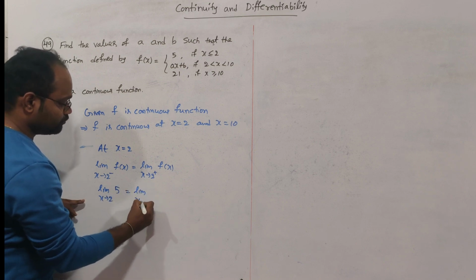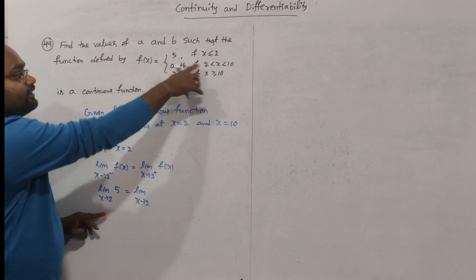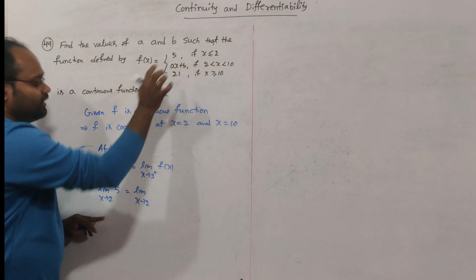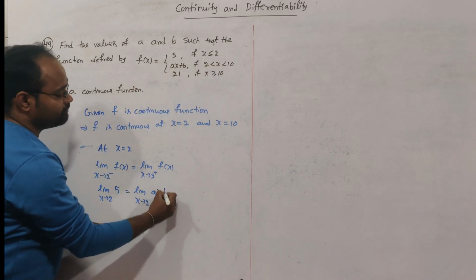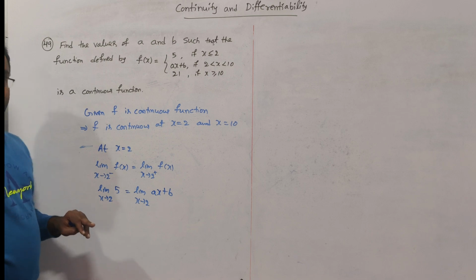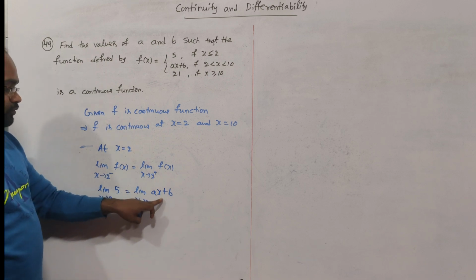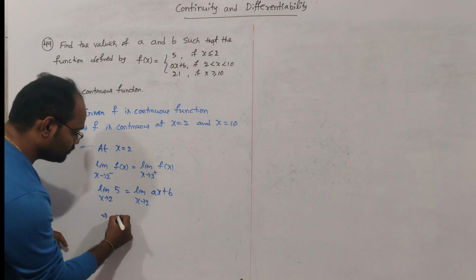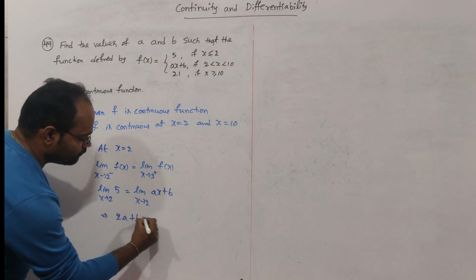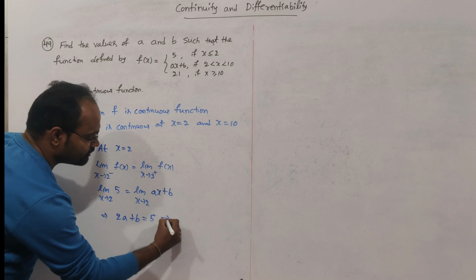Limit as x tends to 2, slightly greater than 2, x is greater than 2, the function is ax plus b. So simplify this, we will get 5 equal to 2a plus b, or 2a plus b is equal to 5. Take this as equation number 1.